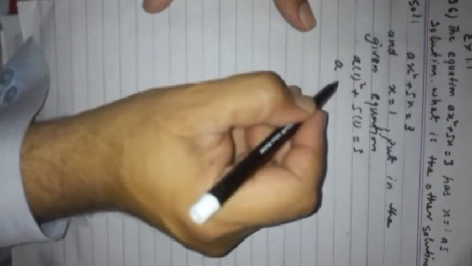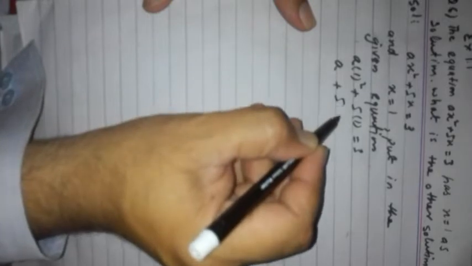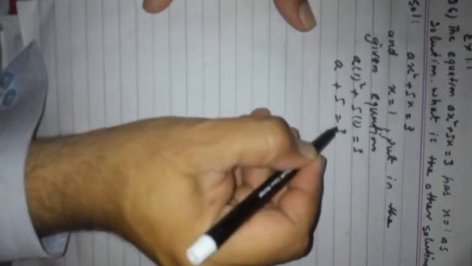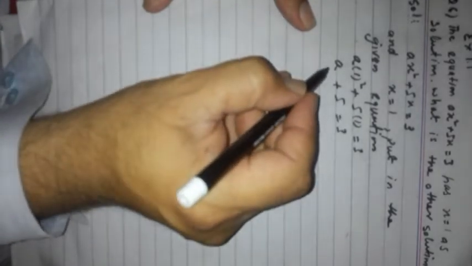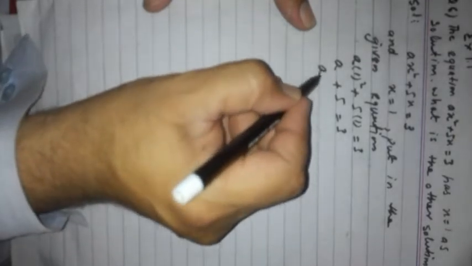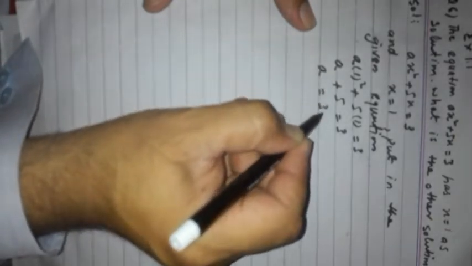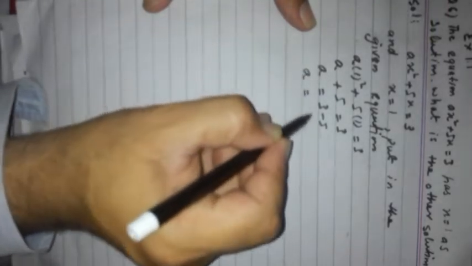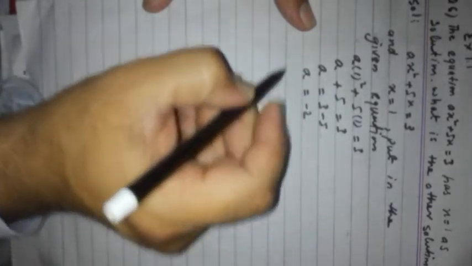Here we get 1 into a plus 5 times 1 is 5 equals to 3. Shift this 5 to the right side, so we can write 3 minus 5, its sign will be changed. Here we get a equals to minus 2.